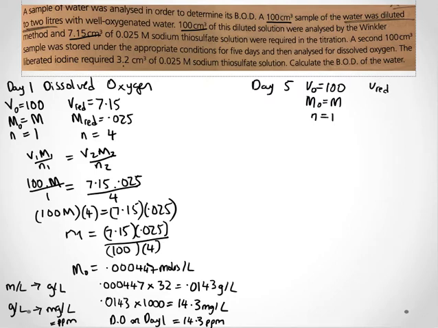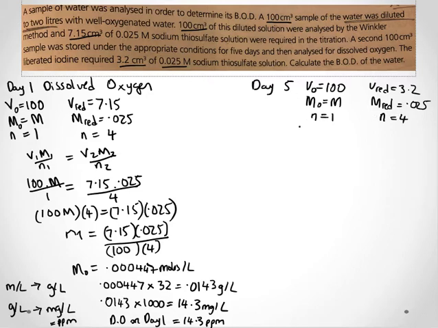On day 5 it required 3.2 centimeters cubed, so 3.2 is your volume of, again, 0.025 molar thiosulfate. So the molarity of your reducing agent there is 0.025, and your N we've already mentioned is 4.